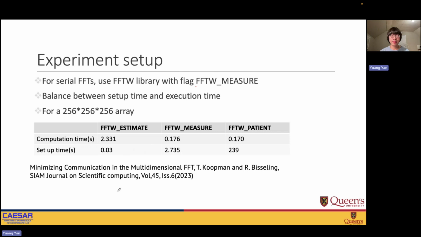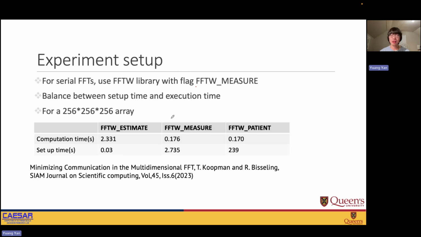This is one experiment from this paper, and we show the results. By using FFTW_MEASURE, the setting up time is relatively small, and the computation time is fairly small. We are not using FFTW_PATIENT because the setting up time is too long, and it also has marginal performance improvement compared to FFTW_MEASURE.